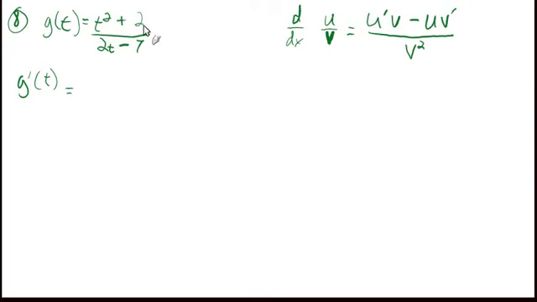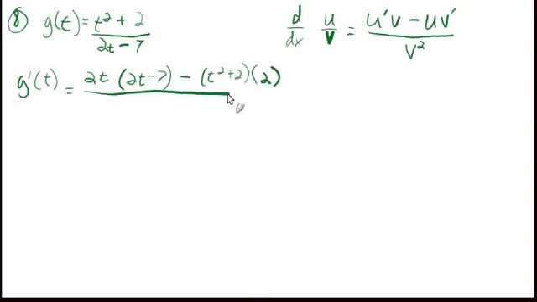The derivative of the numerator is 2t times just the regular denominator, 2t minus 7, minus u, which is just t squared plus 2, times the derivative of the denominator, 2, all over 2t minus 7 squared.